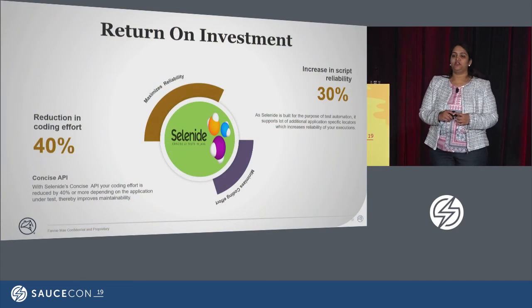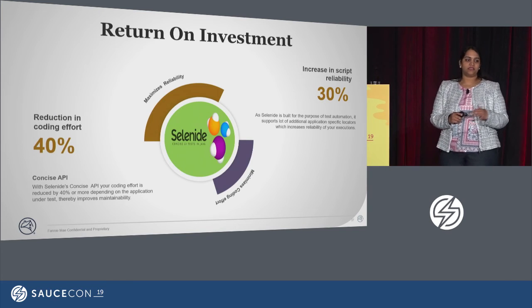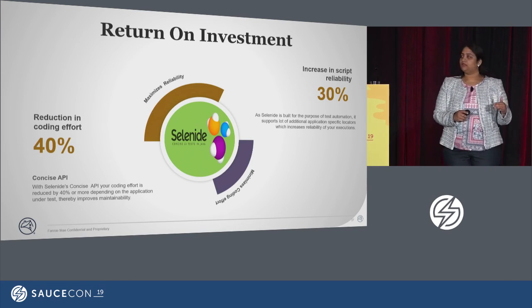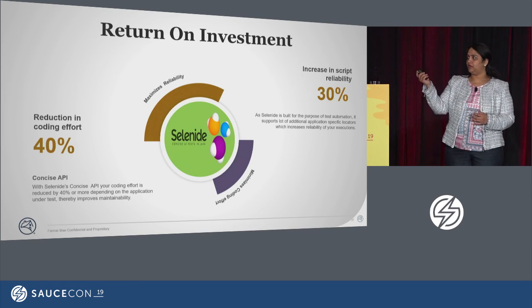And the return on investment on Selenide. For the coding effort, we saw a 40% reduction, and this 40% is the minimum scale. This completely depends on the application under test. If the application under test has more validations, it could go up to 60% as well. But the minimum scale is 40%.